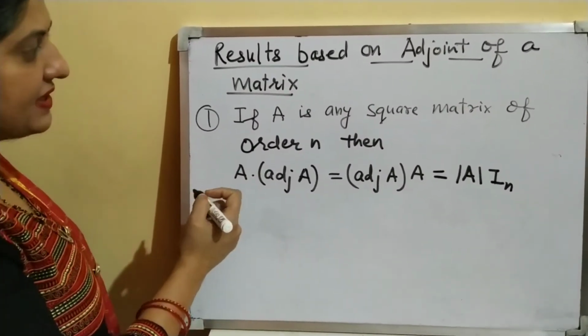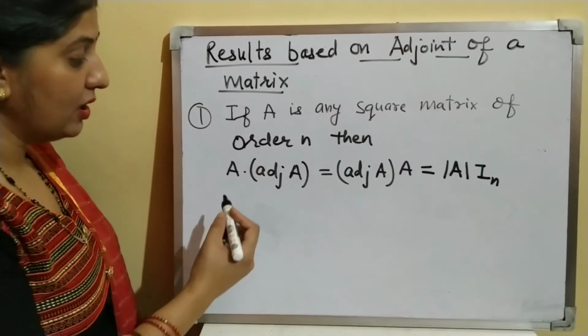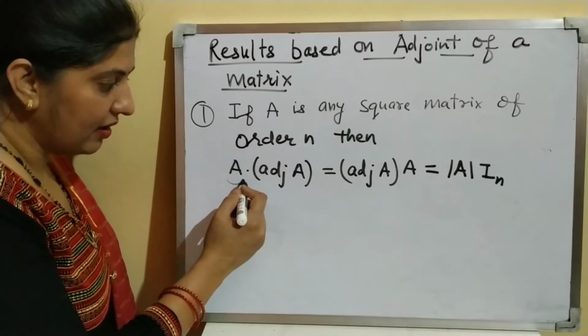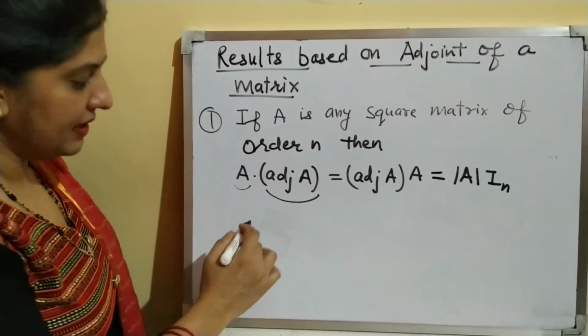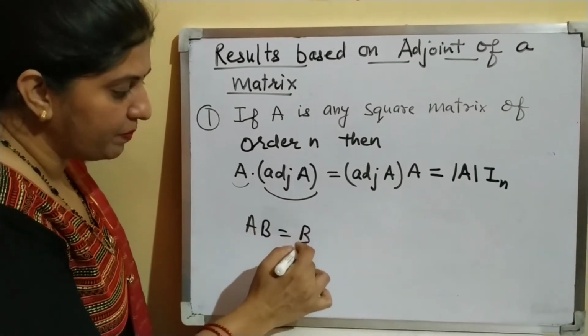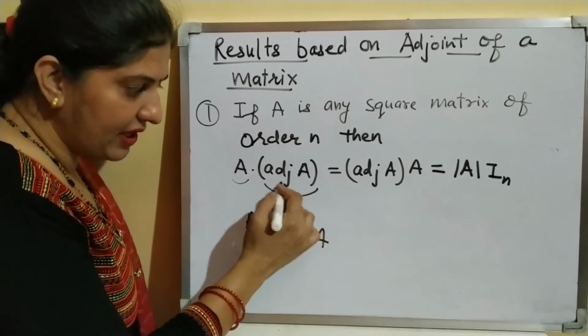So, what we say? If A is any square matrix of order n, then product of A and its adjoint is commutative. Means AB is equal to BA here. B is adjoint of A here.